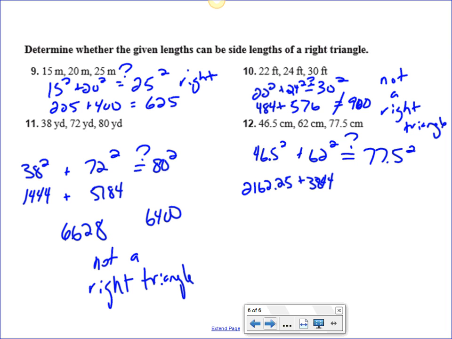And if we add those two together, you should get 6,006.25. And is that the same thing as 77.5 squared? And the answer is yes, you do get the same thing. So this would be a right triangle.